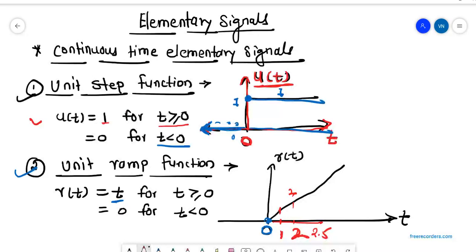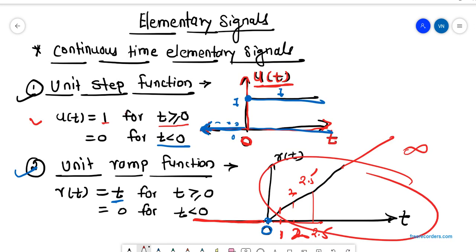If the time is 2.5, then you will get amplitude 2.5, like this up to infinity. But for t less than 0, for all time the amplitude become 0. We don't have any amplitude for t less than 0. So this type of function is called as a unit ramp function.